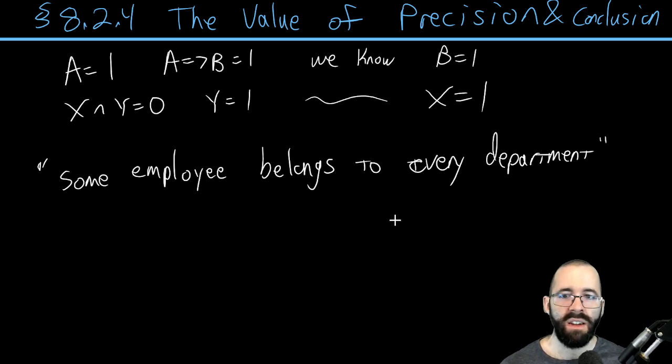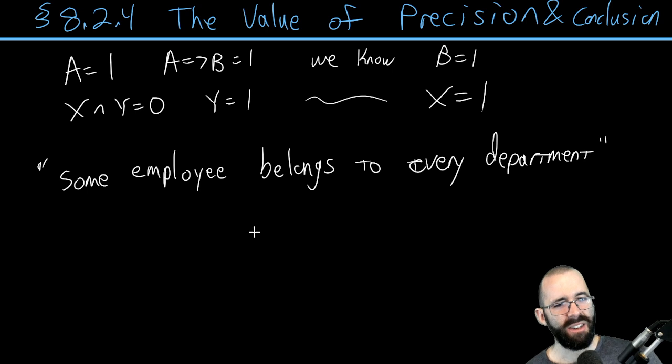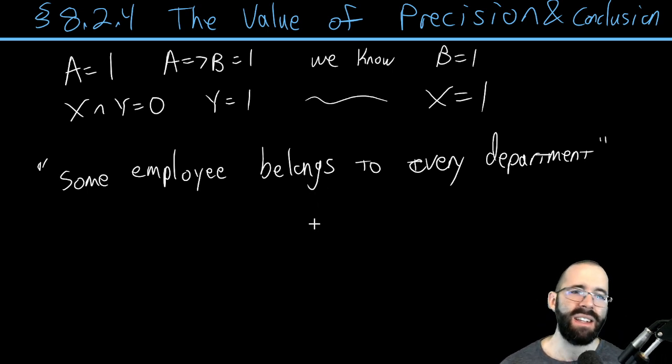Does it mean that there's one employee out there that is a member of every single department? That would be pretty wild, but that is kind of what it sounds like. Or does it mean every department has at least one employee, that no department's empty? Which one does it really mean? It sounds more like the first to me, but the first doesn't really make sense. So maybe it means the second. It's just messy language.